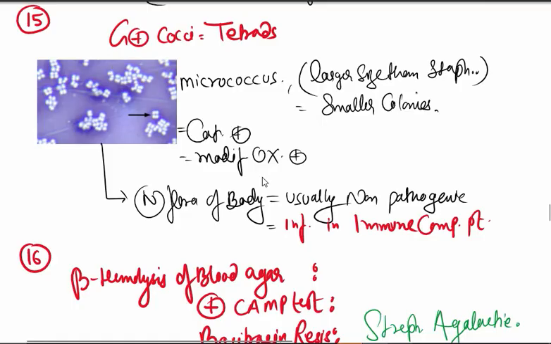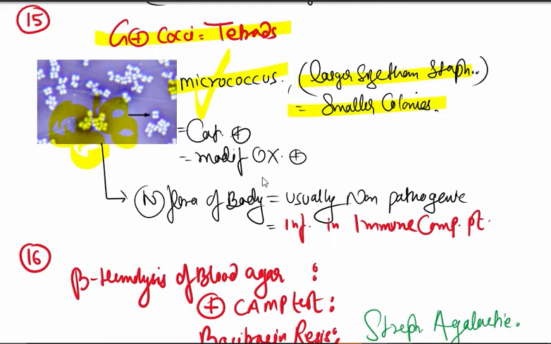Next one, gram positive cocci in tetrads, so this is Micrococcus. Micrococcus has micro in the name but it is larger in size than Staph aureus and it has smaller colonies.